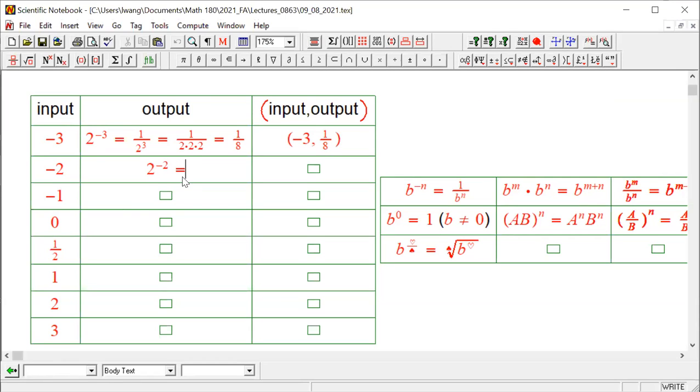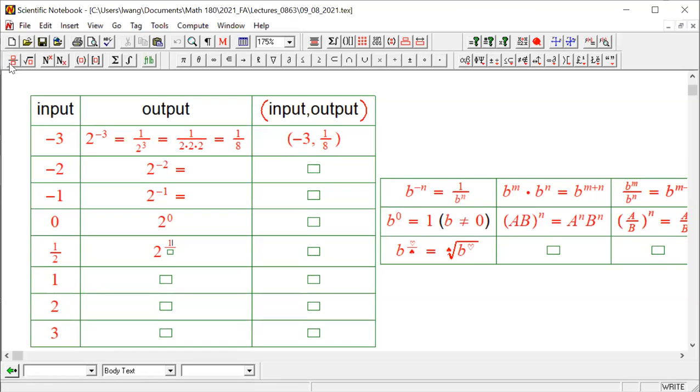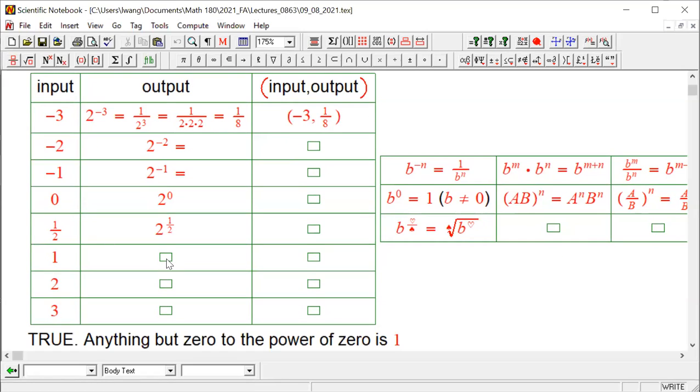Interesting. 2 to the power negative 2, 2 to the power negative 1, and 2 to the power 0, 2 to the power of half, 2 to the power 1, 2 to the power 2, 2 to the power 3.